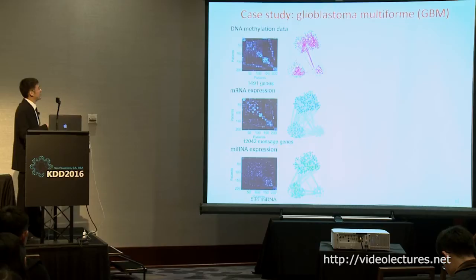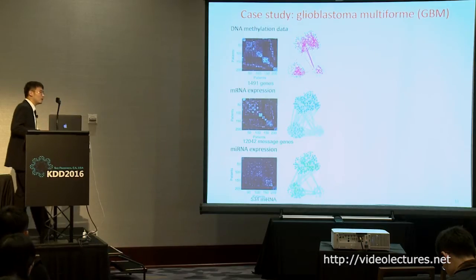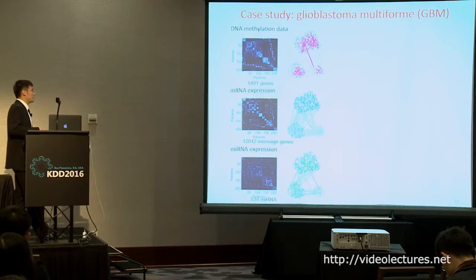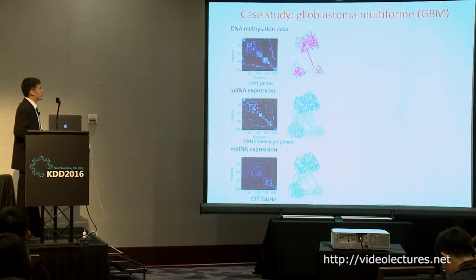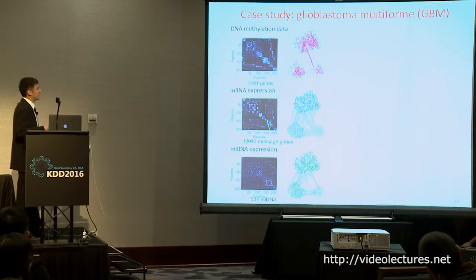For example, people can use the DNA methylation data to create a methylation patient similarity network, and also use a similar way to encode the mRNA expression and the microRNA expression. They have a lot of features here. Once we get the patient similarity network, it looks like this.